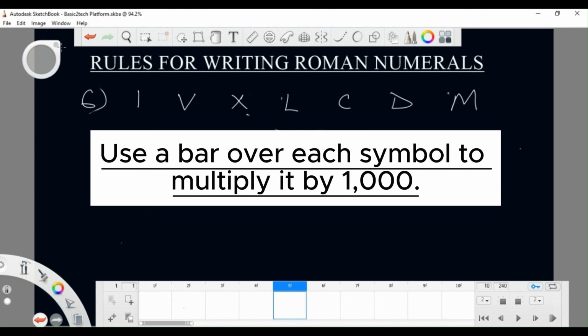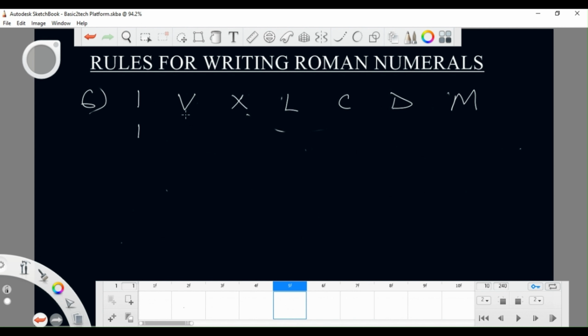Remember, I is 1, V is 5, X is 10, L is 50, C is 100, D is 500, and M is 1,000.